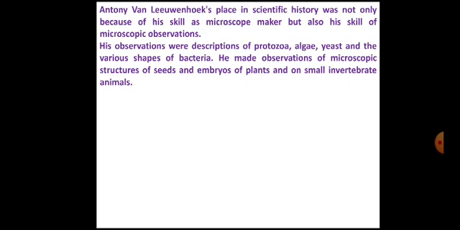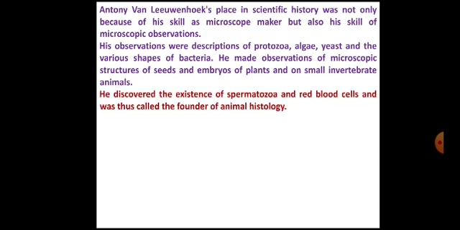This is very important. He made observations of microscopic structures of seeds and embryos of plants and of small invertebrate animals. He also discovered the existence of spermatozoa and red blood cells, and thus he is also referred to as the founder of animal histology.